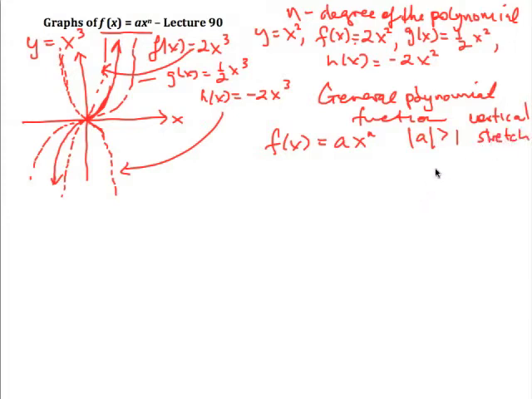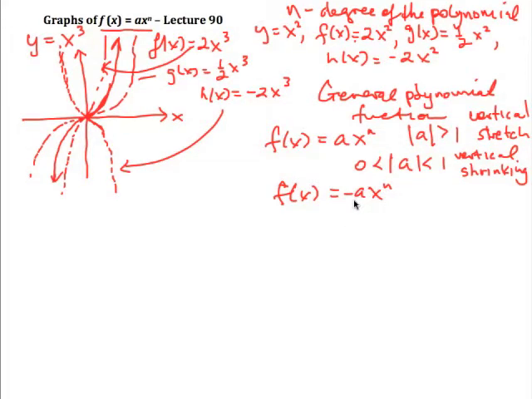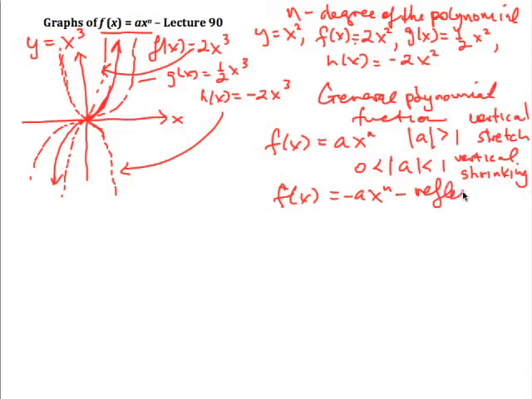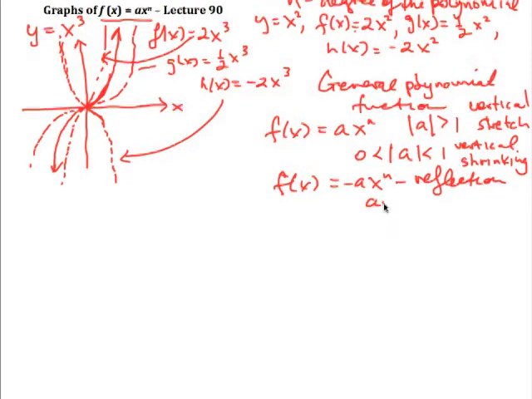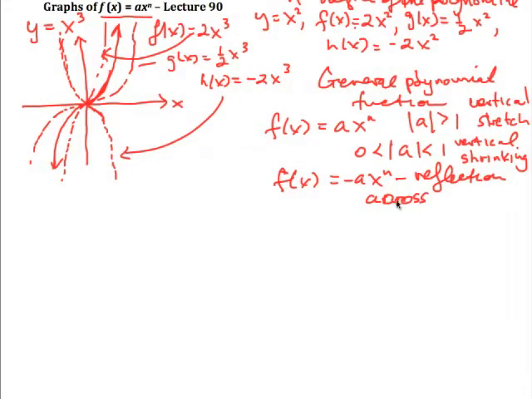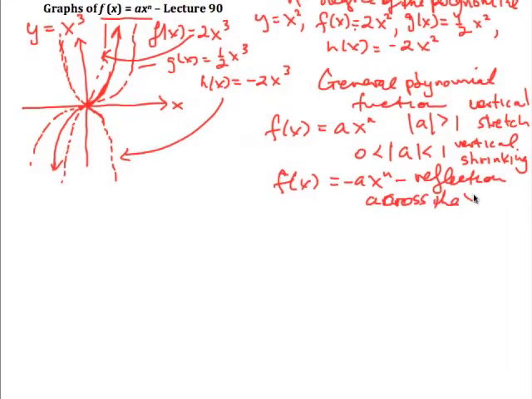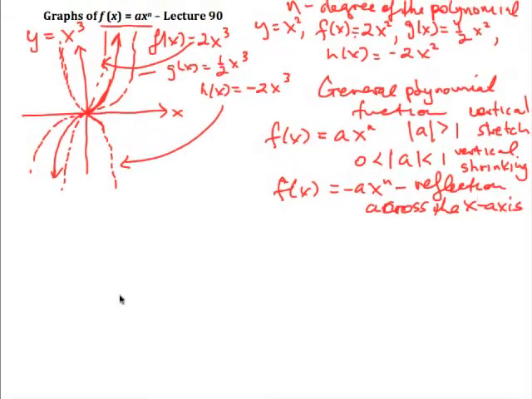Okay? Right, now if the size of a is less than 1 but greater than 0, then of course we get a vertical shrinking, all right, like so. Now, of course, what if we have f of x is equal to negative a of x to the n? Okay, well, we get a reflection across the x-axis. Right, just as we did before.